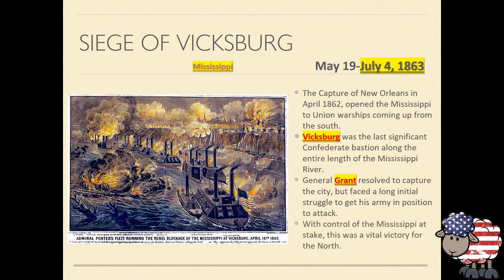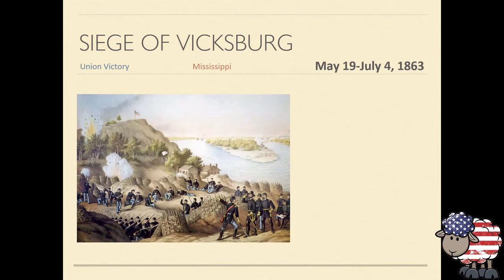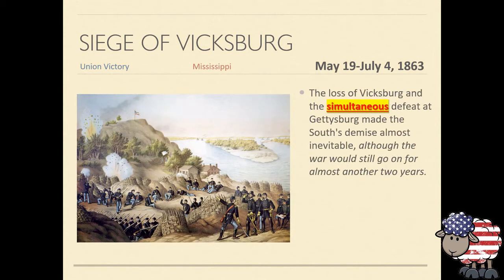So July 3rd with the victory at Gettysburg, and July 4th, 1863 with the victory at Vicksburg, very significant for the North. The simultaneous defeat at Gettysburg and the capturing of Vicksburg makes the South's demise almost inevitable. Now, the war is still going to go on for another 2 years. However, these are two significant victories for the North.